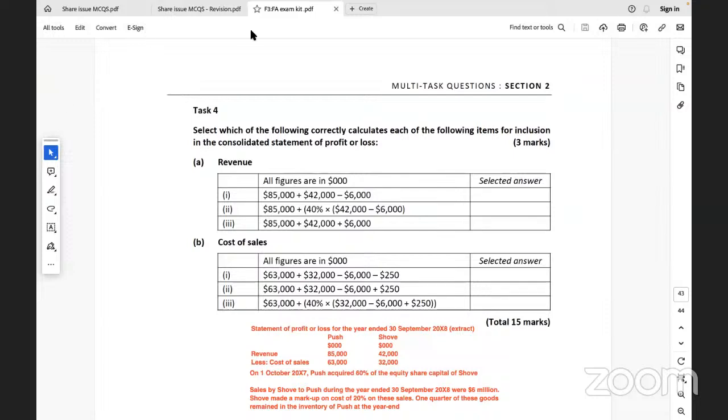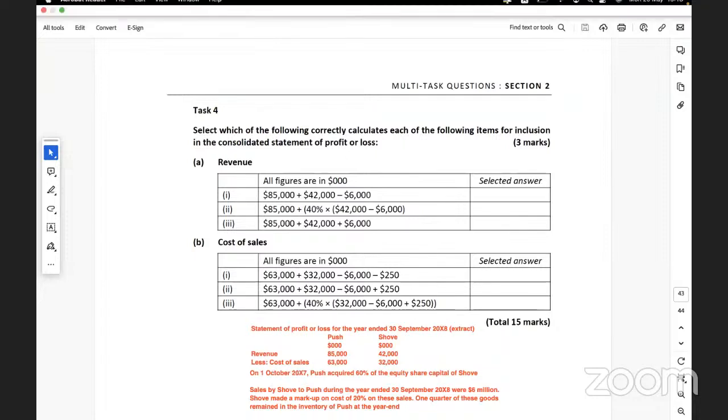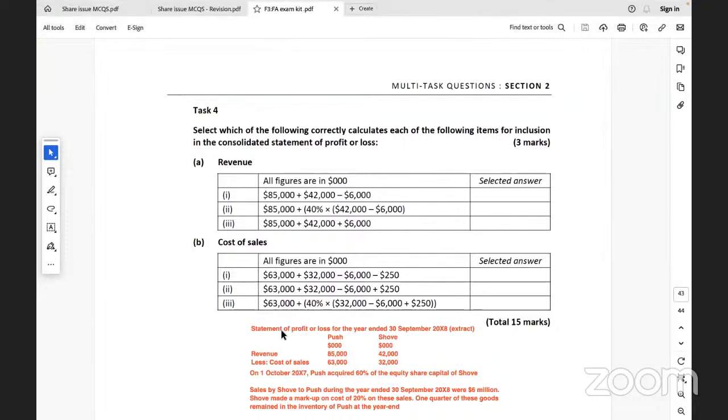Okay, so guys, number one over here. On 1st October 2007. Now, first of all, guys, see when is the question finishing? Statement of profit and loss on 30th of September 2008. So 30th of September 2008 is when the question is finishing, no guys.